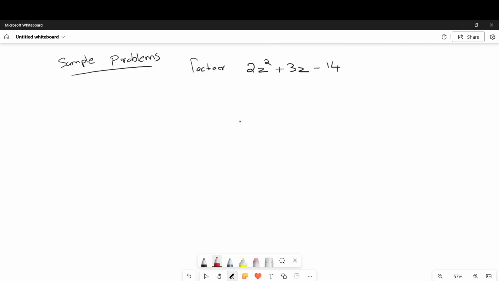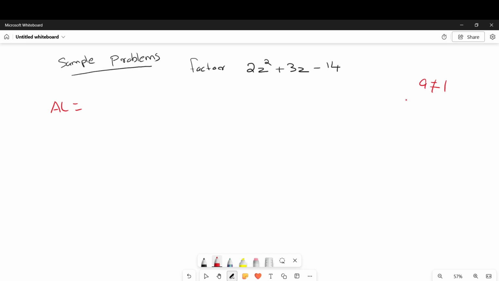This is not a simple trinomial. This is a complex trinomial. Why? Because a is not equal to 1; the coefficient of z square is 2, so it's not a simple trinomial. When we have a complex trinomial, what we need to do is find the AC value.